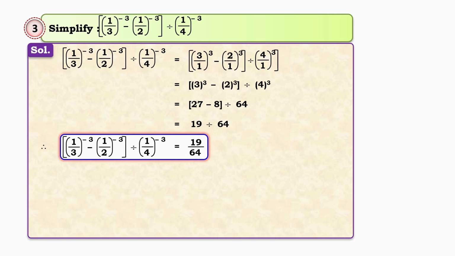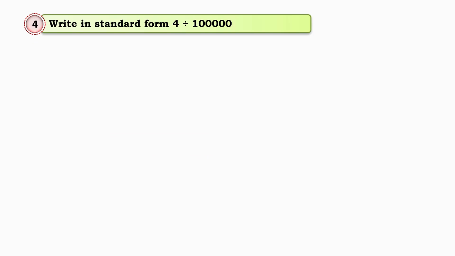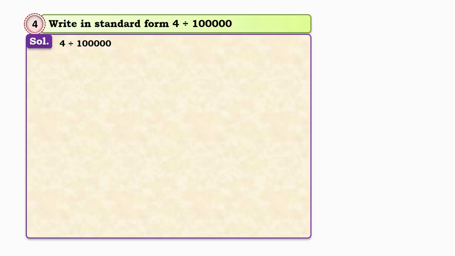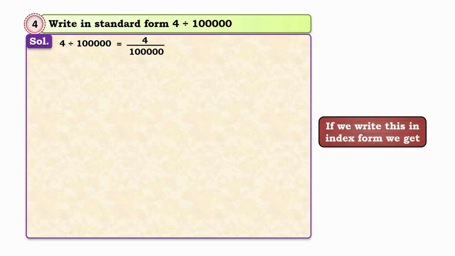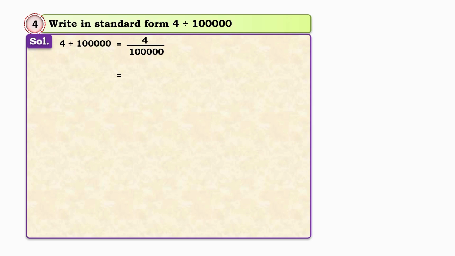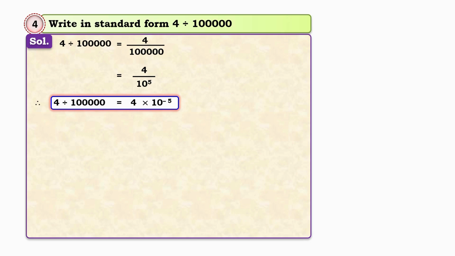The final answer is 19 by 64. So now we have to write this in the standard form. So here comes 4 into 10 to the power minus 5. So this is the standard form.